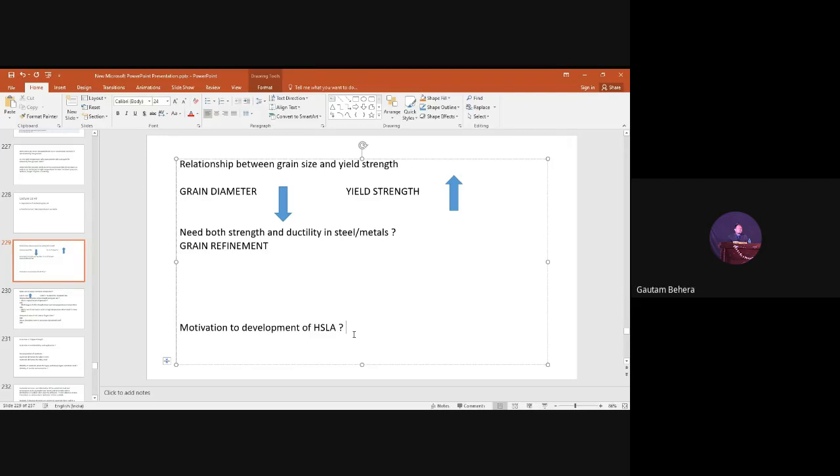If weight increases, what problem will we face? If it is used for automotive applications, what problem will we face if the weight is high? More fuel consumption, obviously.